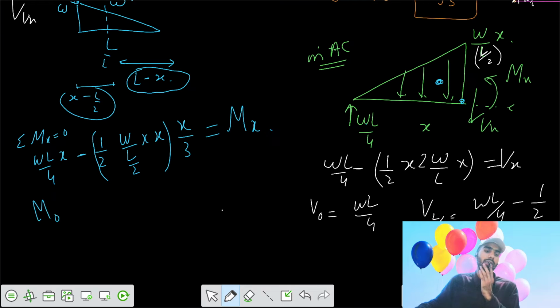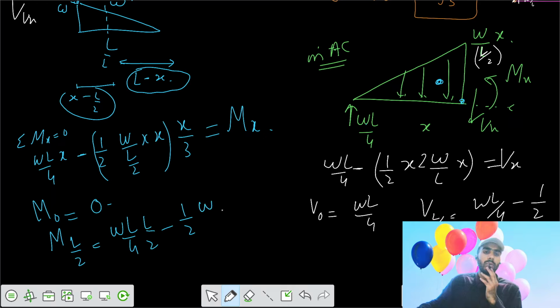So your moment at x equals 0 is 0. Moment at x equals L/2 is WL/4 into L/2 minus 1/2 into W/L, and this 2 goes upwards, 2/2 W/L, your x squared, x cubed becomes L cubed by 8 and 1/3.